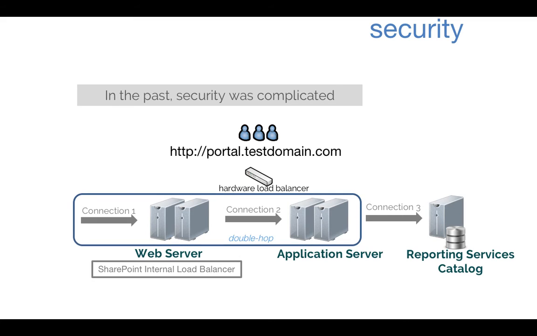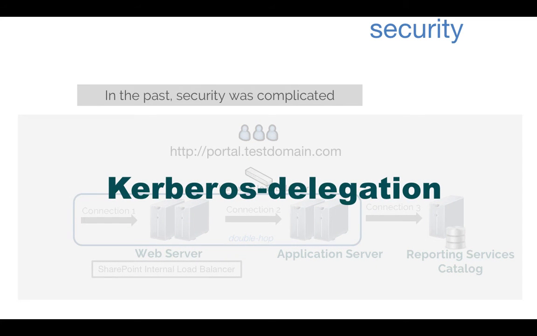because of the double hop issue. And guess what? How was this resolved in the past? Well, the all too feared and loathed Kerberos delegation. Now, even if you are on good terms with your Active Directory administrators, this is still a pain to implement because you want to make sure that everything works as expected.